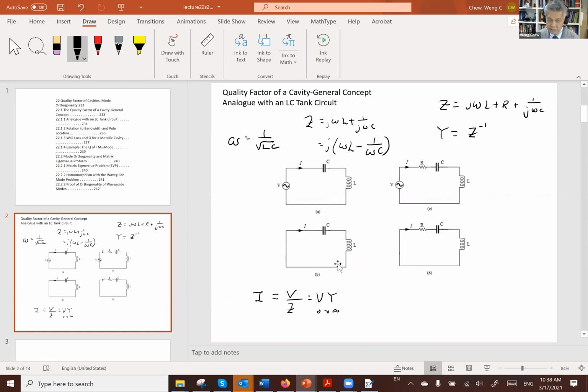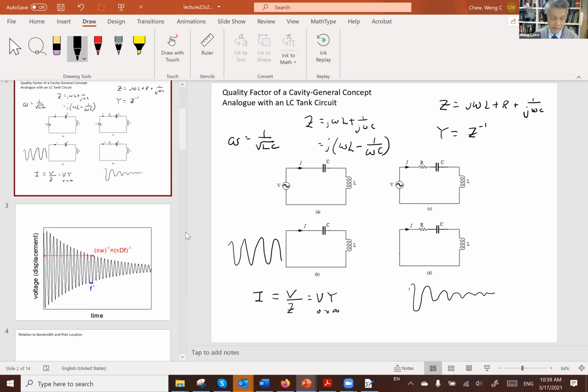The current that we have in this left-hand circuit will keep oscillating forever, because there's no loss. But the one on the right-hand side, because of the small resistor, the current will become smaller and smaller. And that is when we have a loss in an LC tank circuit.